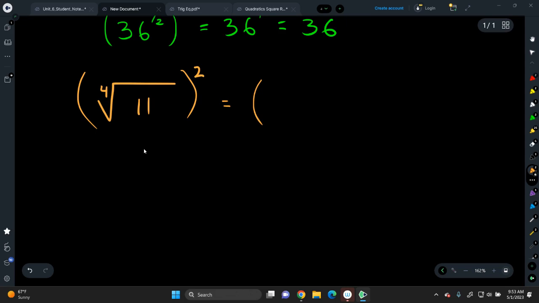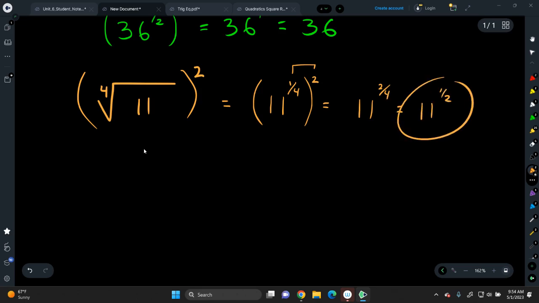So how do I write that 4th root of 11? 11 to the power of 1/4. Good. Everybody okay with that step? And then what? Multiply them. Yes, so that becomes 11 to the 2/4, which is 1/2. Good. Excellent.